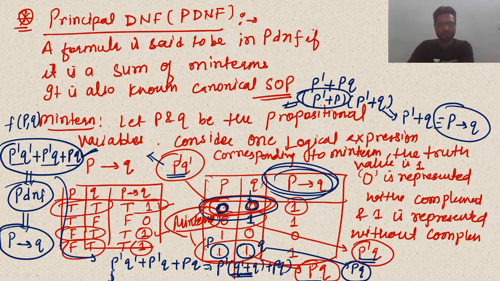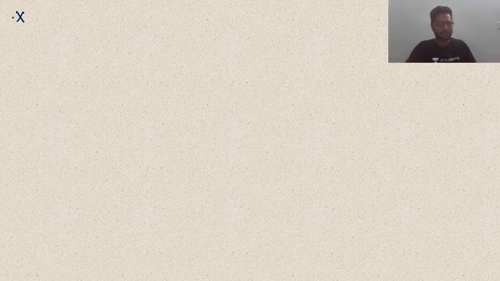So in digital you will see this topic in detail. Yes or no? Okay, so write down the next one. The second one is your principal conjunctive normal form, that is PCNF.